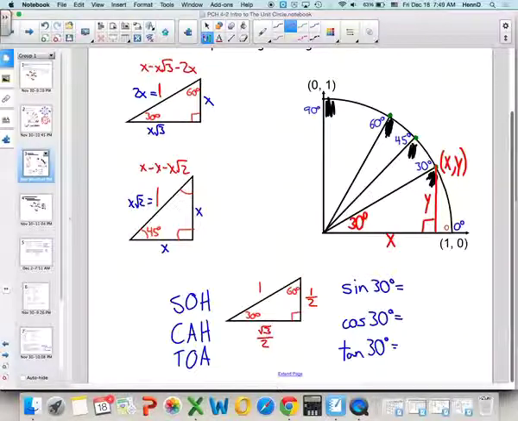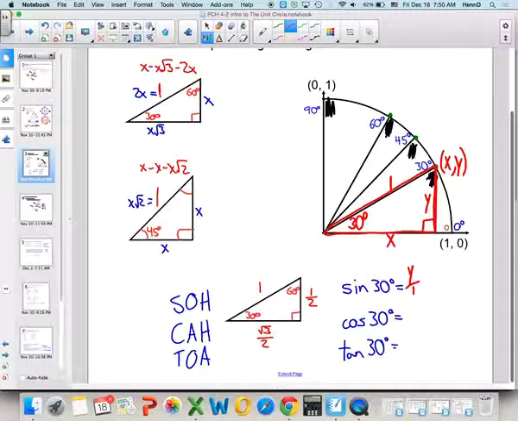Now, remember on all of these problems that your hypotenuse will always be 1 because this is a unit circle. The radius is 1. So, I can use a little bit of right triangle trig with this triangle here, and I can say, well, the sine of 30 degrees equals y divided by 1.